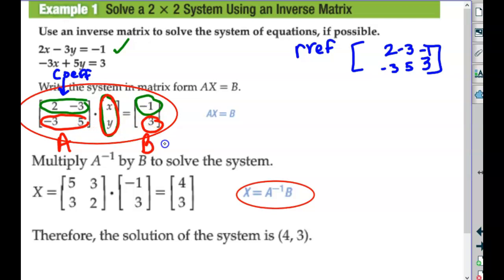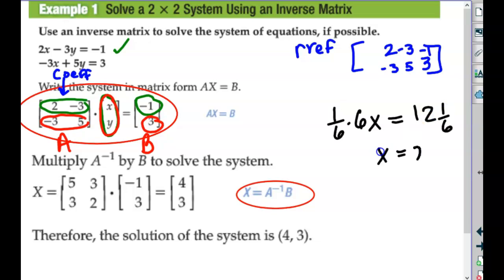Now, think about this for a second. When we had this equation, 6x equals 12, we divided both sides by 6, yes? You can't divide matrices. Could I have multiplied 1/6 to each side?